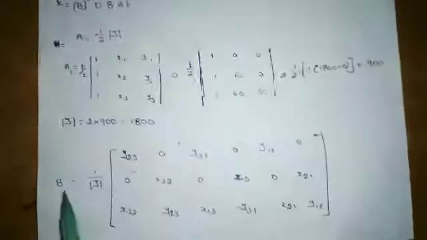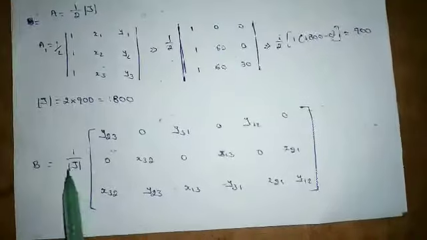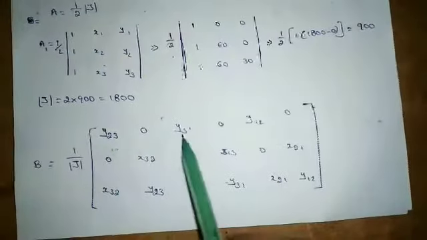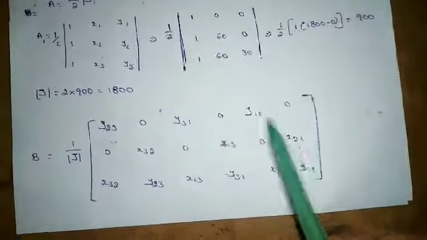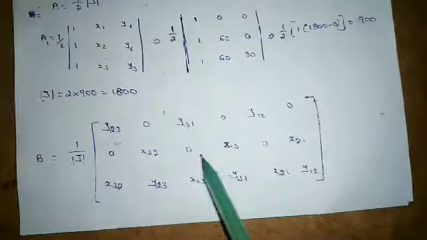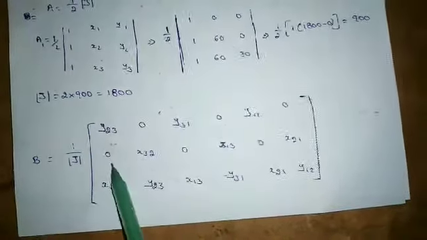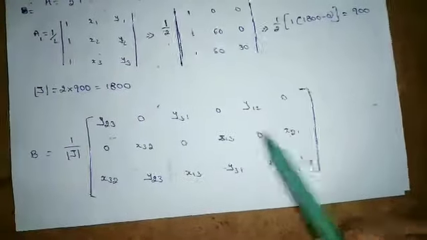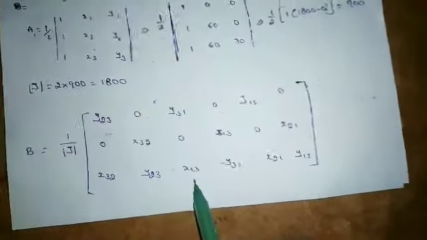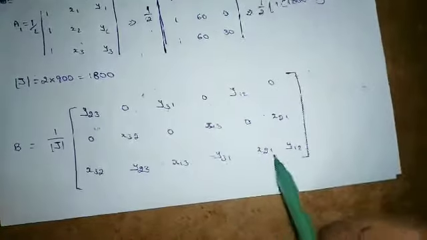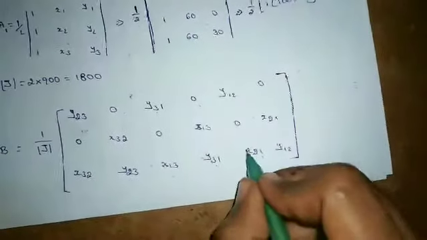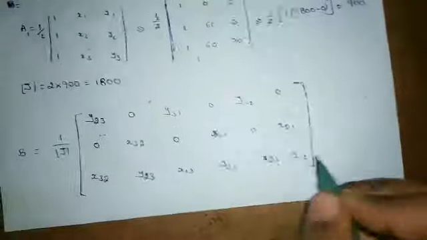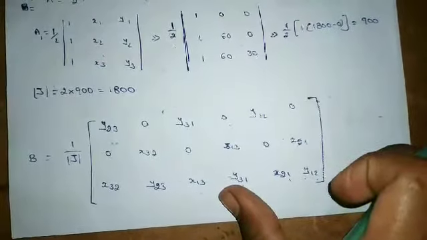Similarly, what is the B matrix? B equals 1 by det J times [y23 0 y31 0 y12 0; 0 x32 0 x13 0 x21; x32 y23 x13 y31 x21 y12]. This is the formula for the B matrix.